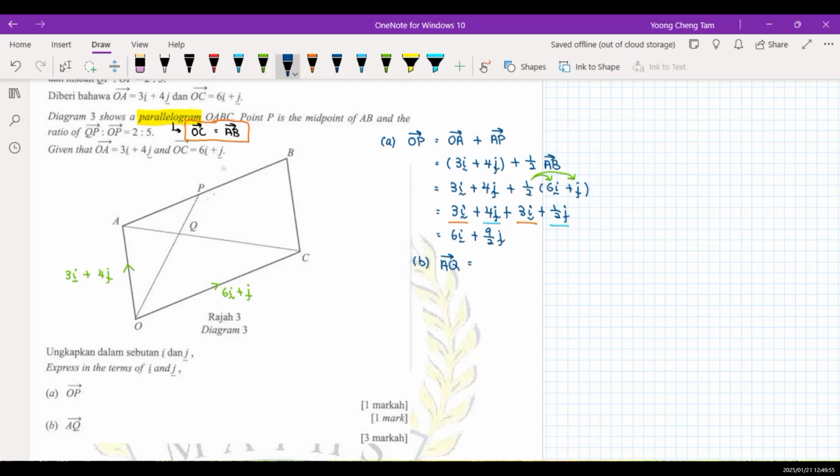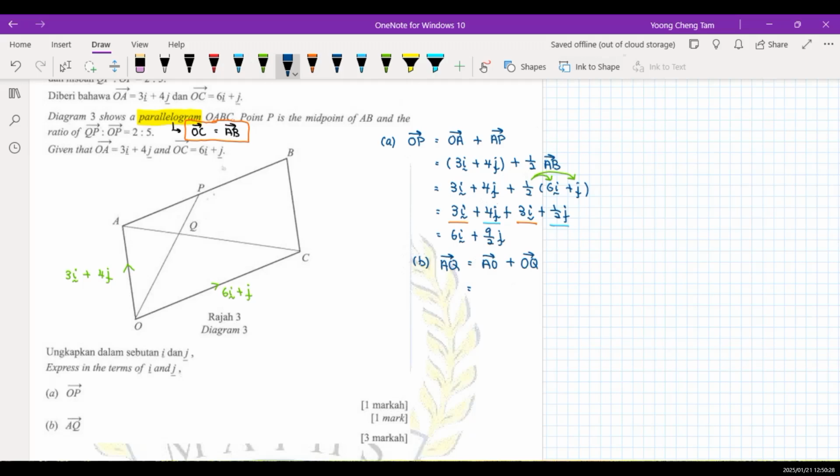So you must go from A to O, after that O to Q. Or another way is you go from A to P and then P to Q. Both methods will give you the same answer. So for this example, I will show you how to find the answer for AO plus OQ.